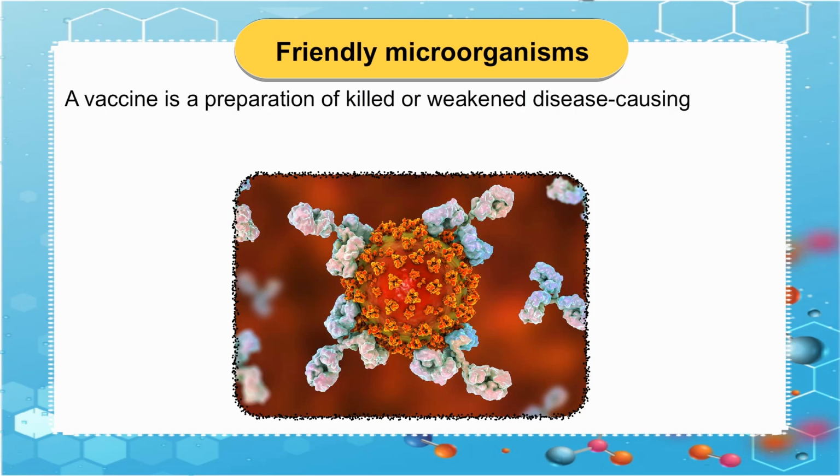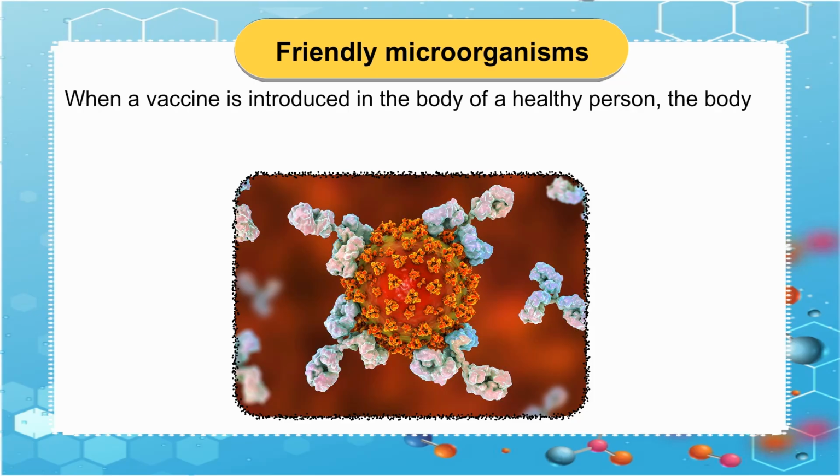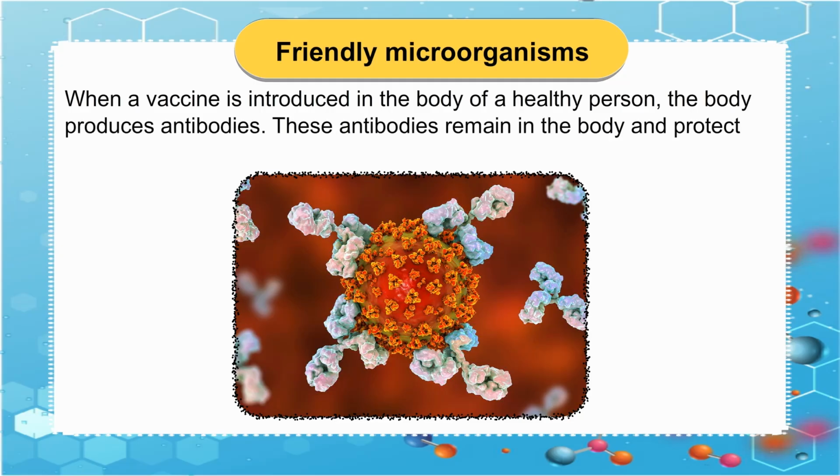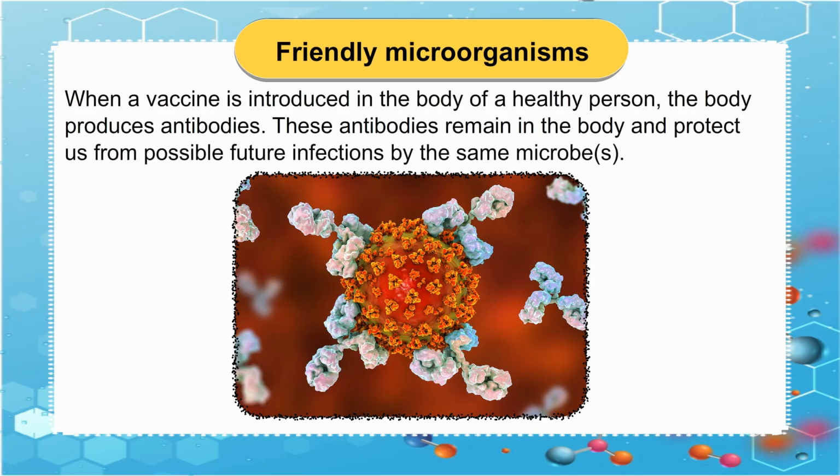A vaccine is a preparation of killed or weakened disease-causing microbes. When a vaccine is introduced in the body of a healthy person, the body produces antibodies. These antibodies remain in the body and protect us from possible future infections by the same microbes.